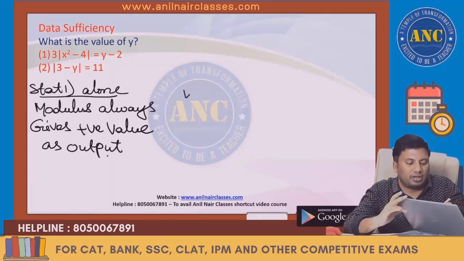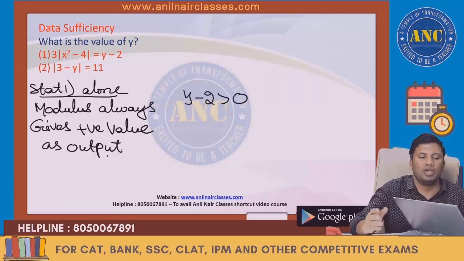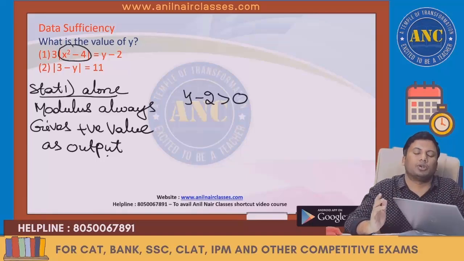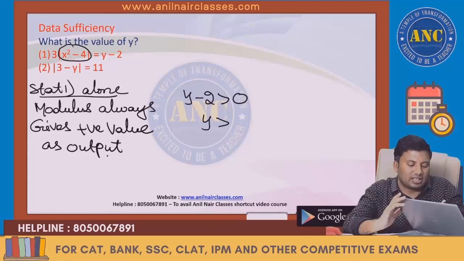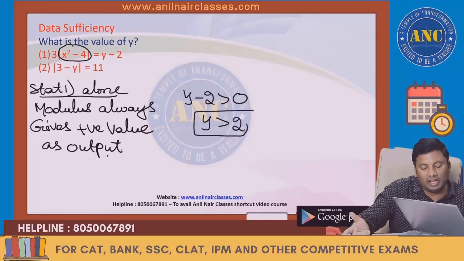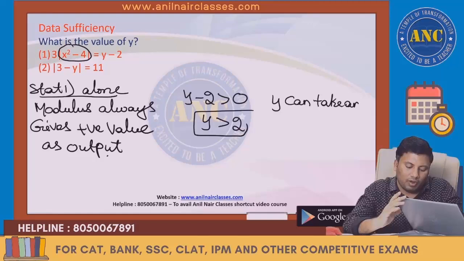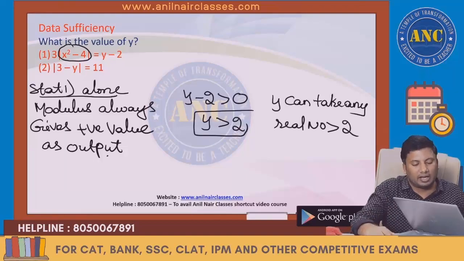So in statement 1 alone, y minus 2 is definitely greater than 0. x could be any real value, the modulus answer comes out to be positive. So y will be greater than 2, that means y can take any real number greater than 2.